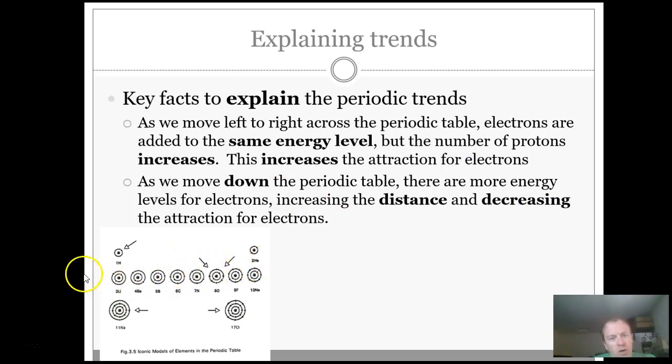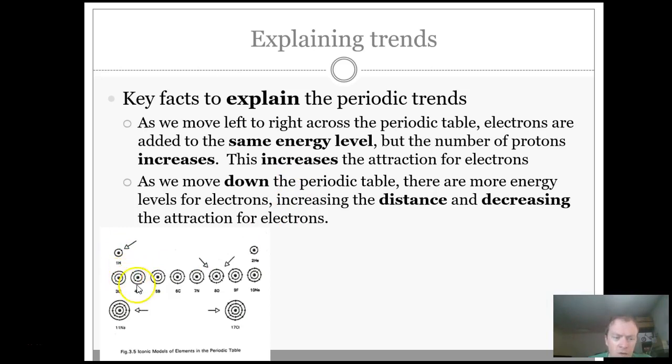As you move across the same energy level, the number of protons is going up, but electrons are going into the same energy level. As we go across period 2, there are more electrons and protons each time, but these electrons are being added to the same energy level. That's going to increase the attraction for electrons.